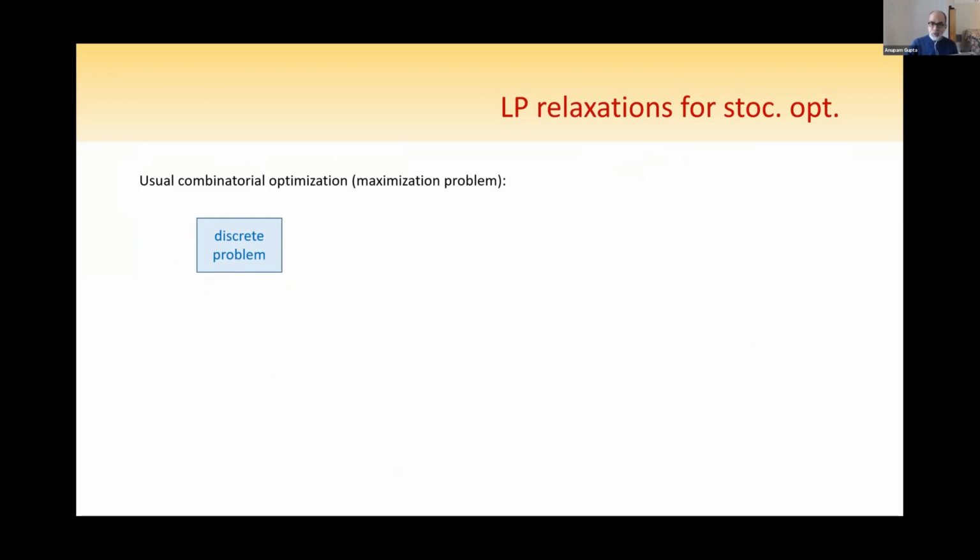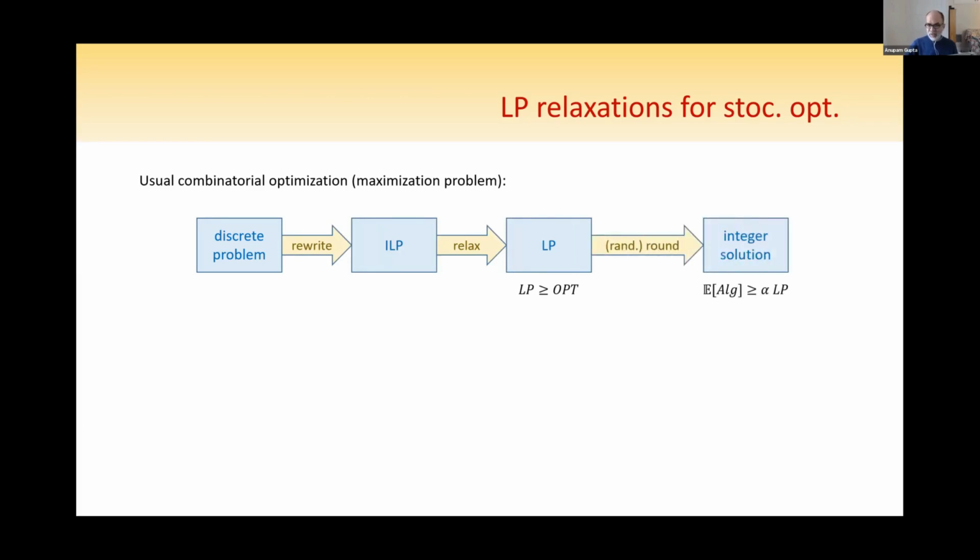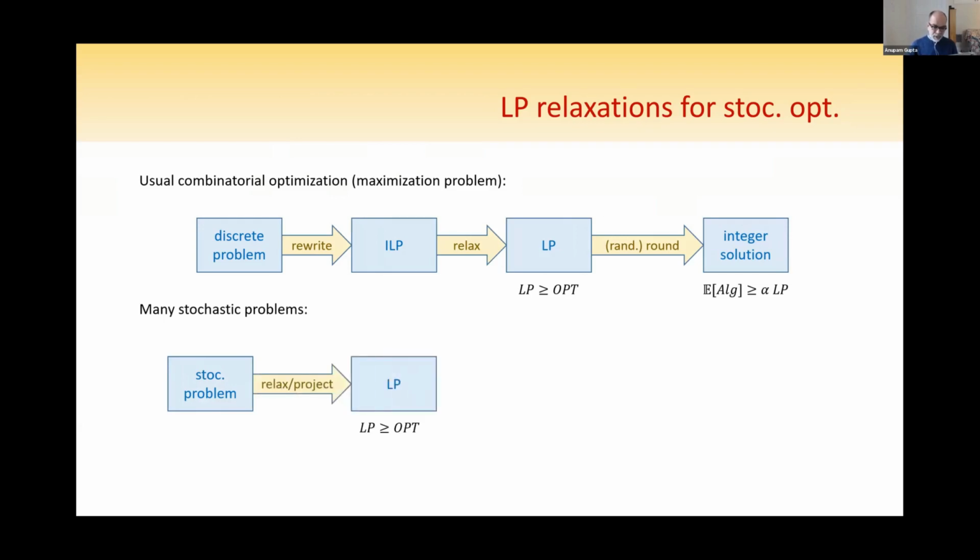So how do I generally use linear programs? We saw this in the first couple of lectures. You take a discrete problem, you write it as an ILP, you relax it, and then you round it. We saw the relax and round. So here's what I'm going to do. I'm going to take my stochastic problem and write an LP whose value is comparable. You should think of this as being a surrogate.